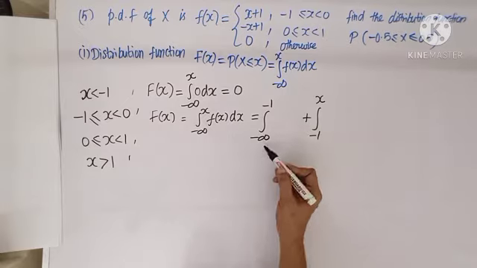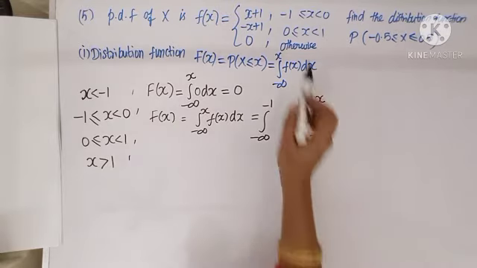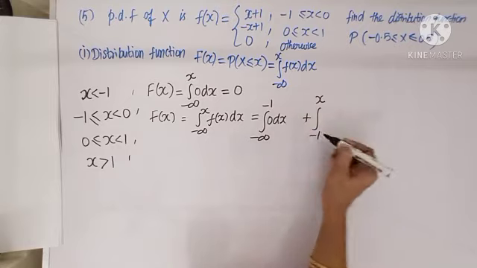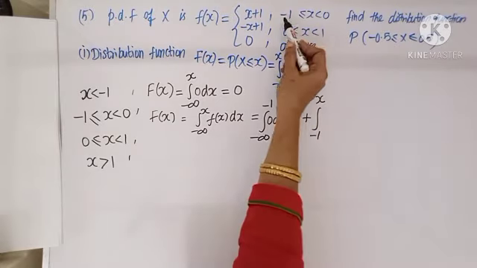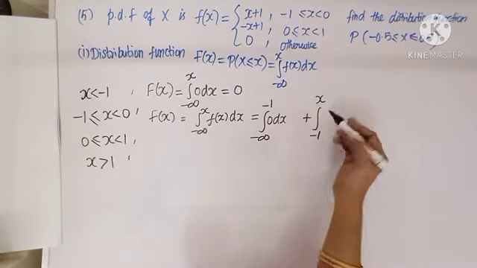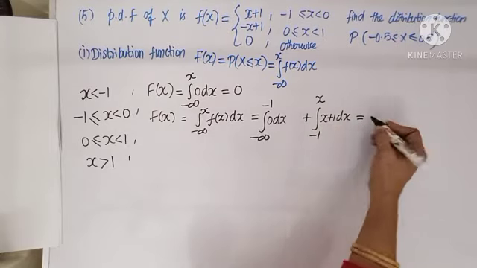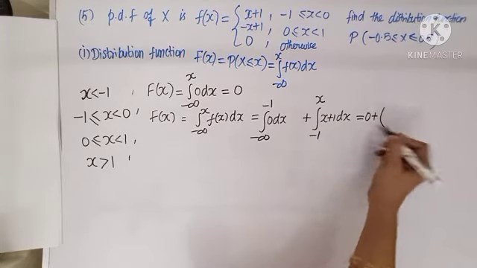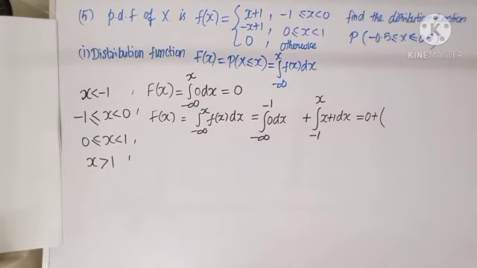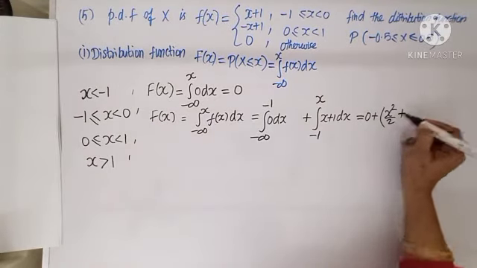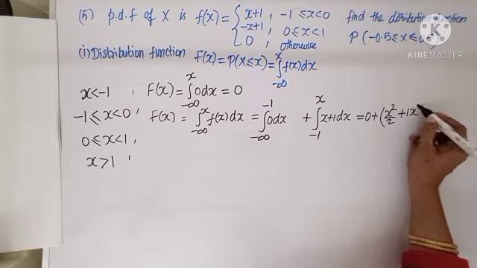So, minus infinity to minus 1, the function is 0. Minus 1 to x, the function is x plus 1 dx. The first part is 0 when I integrate. Integrate this one. x becomes x squared by 2 plus constant 1 becomes 1 into x.